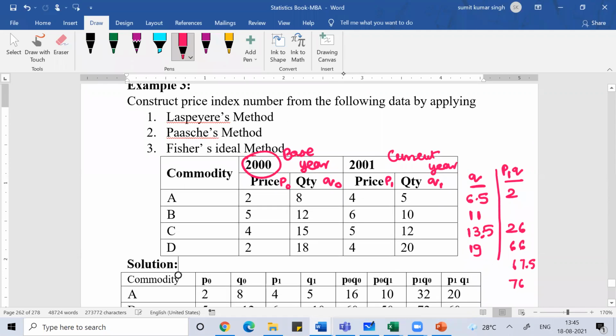So this is 26, this is 66, this is 67.5, this is 76. The sum of P1 Q will be the sum of these values. You got it right? Understood everyone? So we are doing this problem.